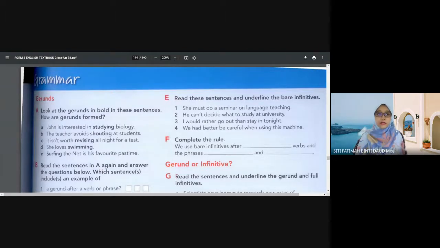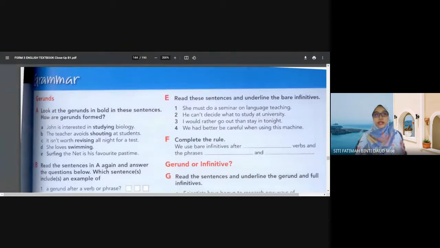It's a bit different because throughout your learning, you learned that when we use ing, for example, walking, we have is walking or are walking, right? So whenever we have present continuous tense, we have is or are, and then verb ing.